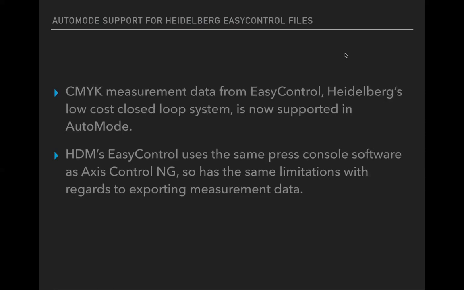However, because it's based on the same press console software as Axis Control 2, you have the same limitations. So the press console needs to be a certain version, and you only get CMYK data, all of which is explained in the manual. So have a look at that if you've got an Easy Control and you want to get the data, or you have a client who wants to be able to do that.